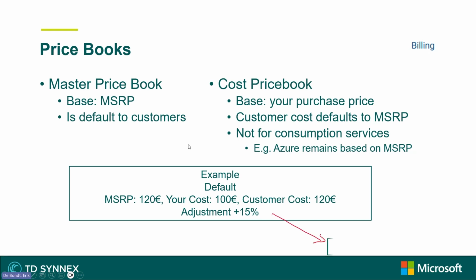So if you do the customer cost, based on your cost, you're going to give 115 euros sales out price. If you base it on MSRP, 15%, you go to 138 euros sales out price. So basically, you need to keep in mind what you're working with to get the better result on the price you want to sell to your customers.